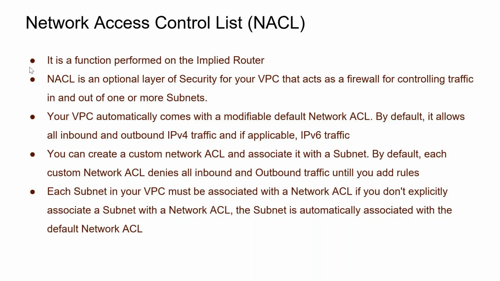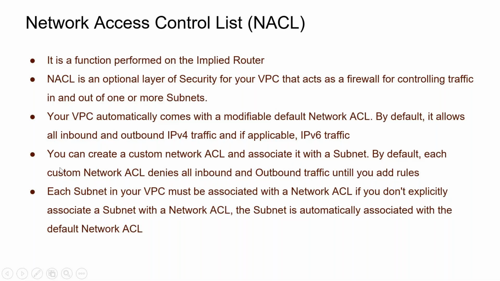For all those 50 servers, the NACL rules are applied. Whereas each server will have a security group. All those 50 servers will have a security group. On top of it, if you want, you can have a NACL, network access control list, also. You can add it on top of the subnet, but it is optional.